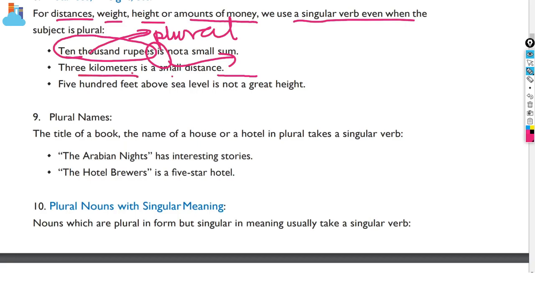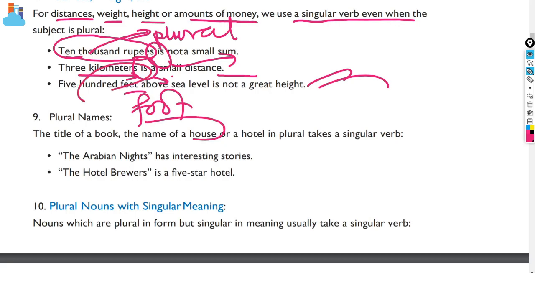3 किलोमीटर्स, ये देखिए डिस्टेंस का फॉर्मूला है, ये प्लूरल है, फिर भी इसमें सिंगुलर यूज किया गया है. 3 किलोमीटर्स इज अ स्मॉल डिस्टेंस. ये कहना गलत होगा कि 3 किलोमीटर्स आर ए स्मॉल डिस्टेंस. 500 feet above sea level is not a great height. 500 feet is a plural, even then it is taking the singular verb.